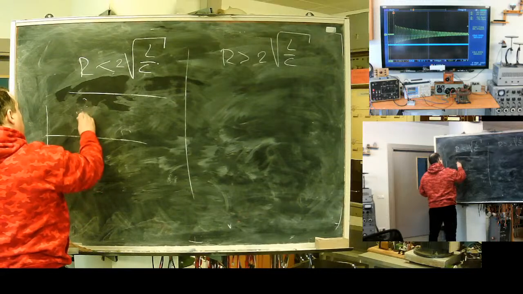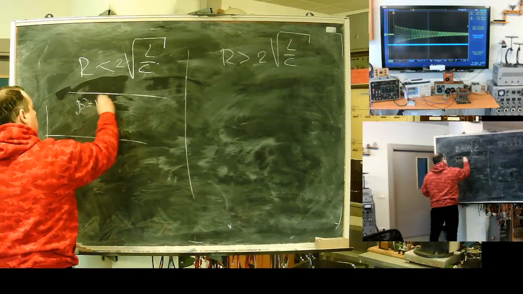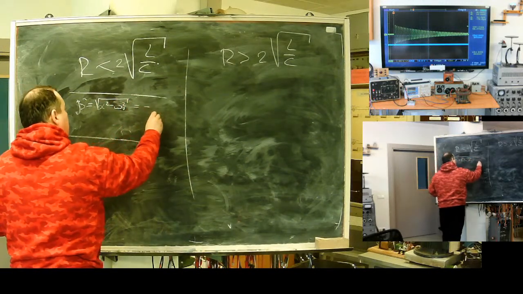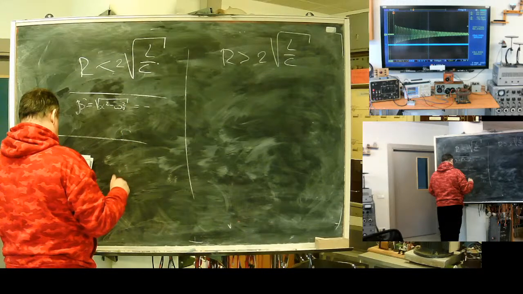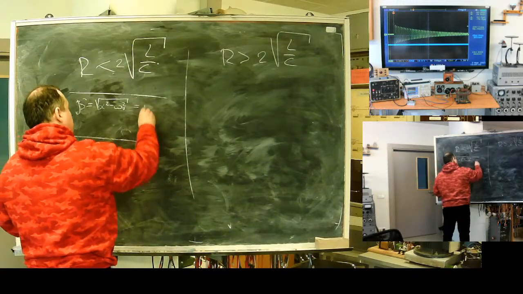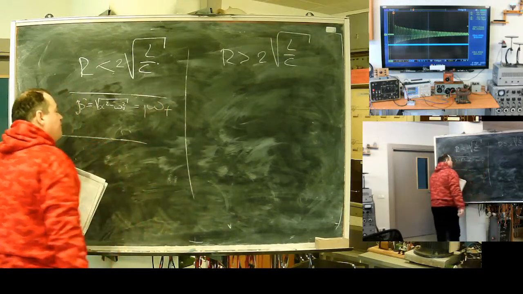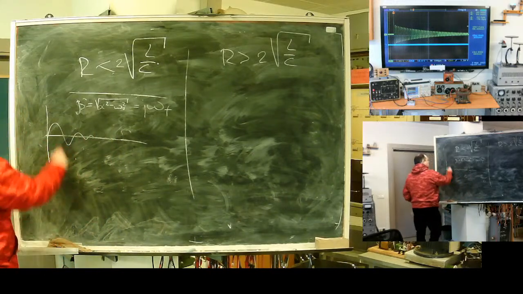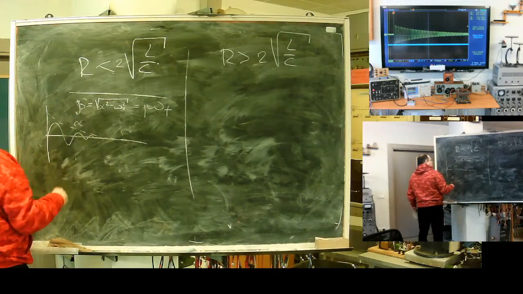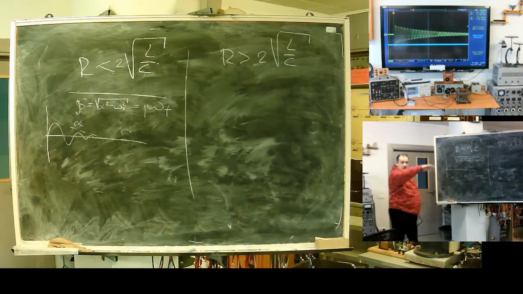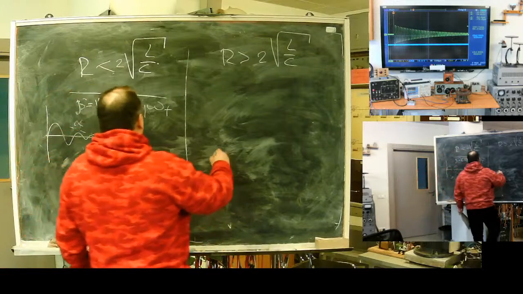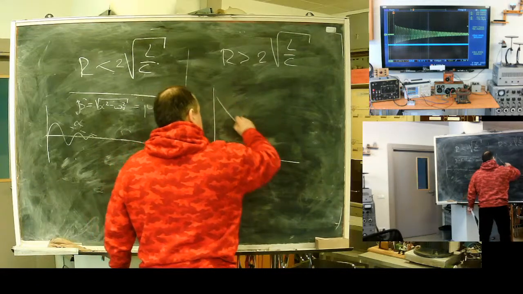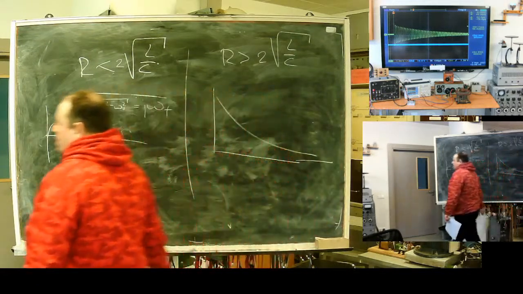So beta, the square root of alpha squared minus omega 0 squared, will be simply j omega f, the free oscillation frequency. We will see decaying oscillation. This line is determined by alpha decaying. On the opposite side, we will see a non-periodic process.